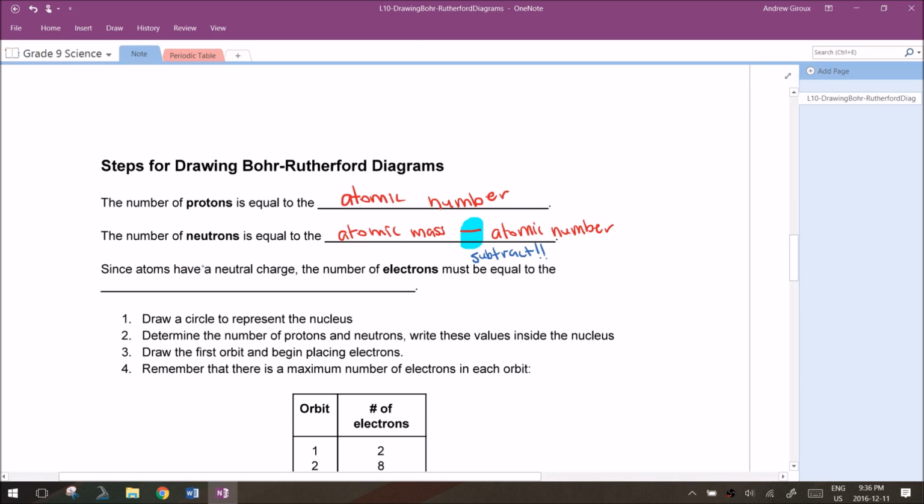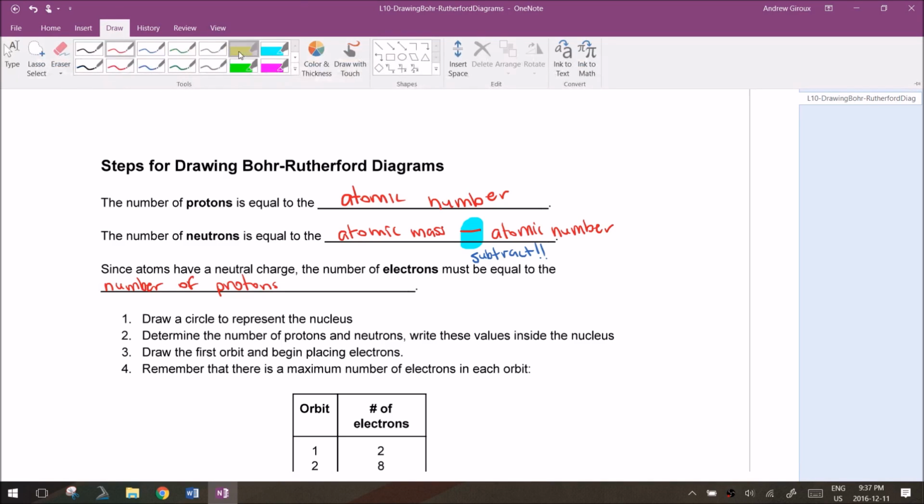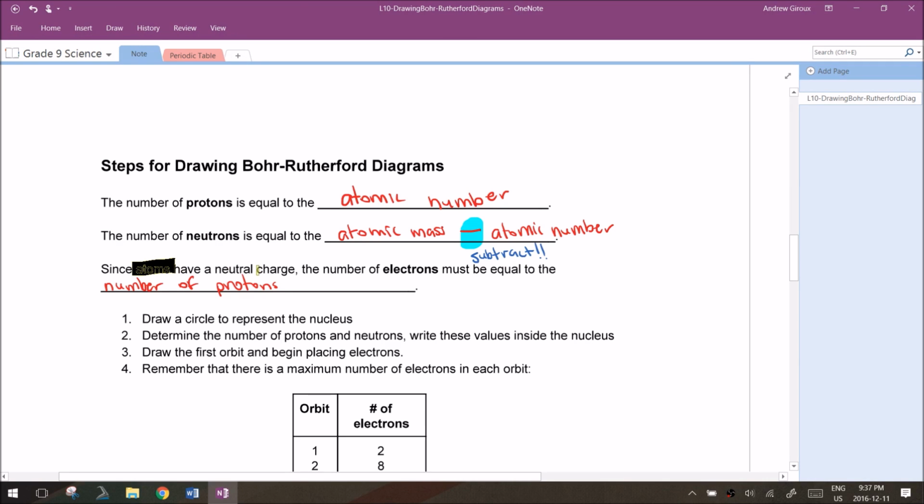And since atoms have a neutral charge, the number of electrons must always be equal to the number of protons. So, key word here is when we're talking about atoms. Atoms always have a neutral charge. Later we're going to talk about ions.